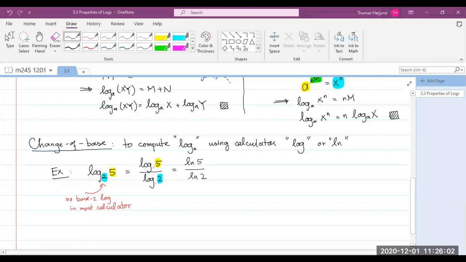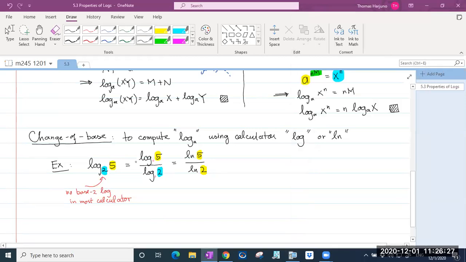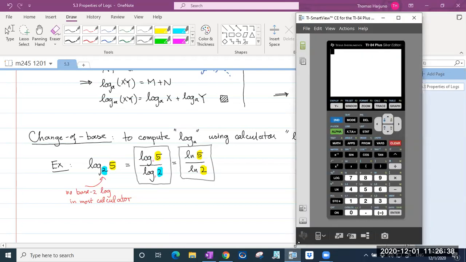Now, I will show you using my calculator, but please use your own calculator also to make sure you know how to compute using calculator. Okay, let me show you. So I want to compute log base 2 of 5. Every time you are about to use your calculator, please rewrite that using change of base first. Either one of these. I will use the first one, log 5 divided by log 2.